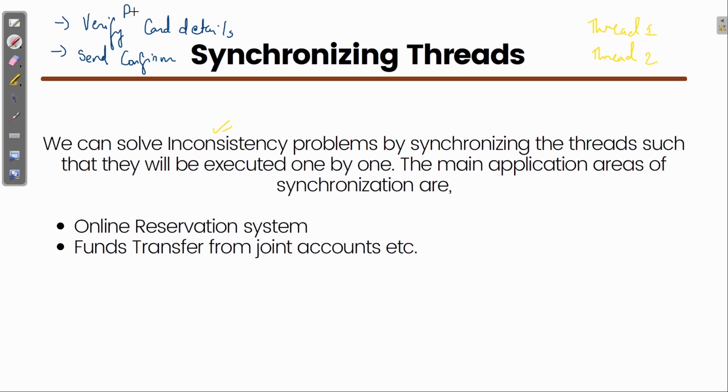So we verify the payment or card details, then send the confirmation mail or shipping details, then load the thank you page. That's the basic process, so we have three steps that we usually follow while doing an online transaction.